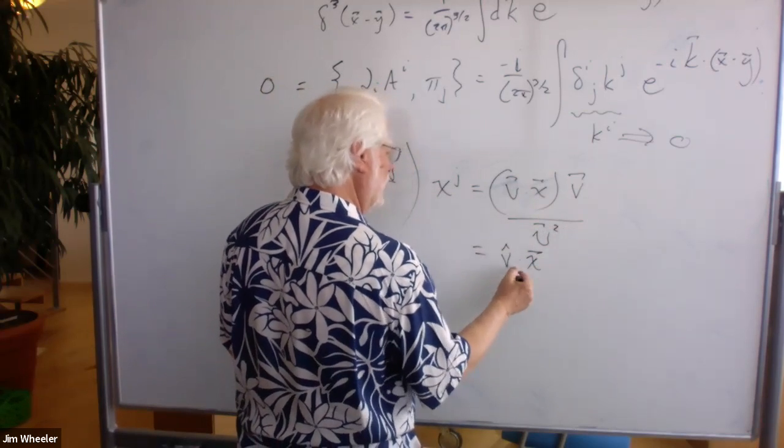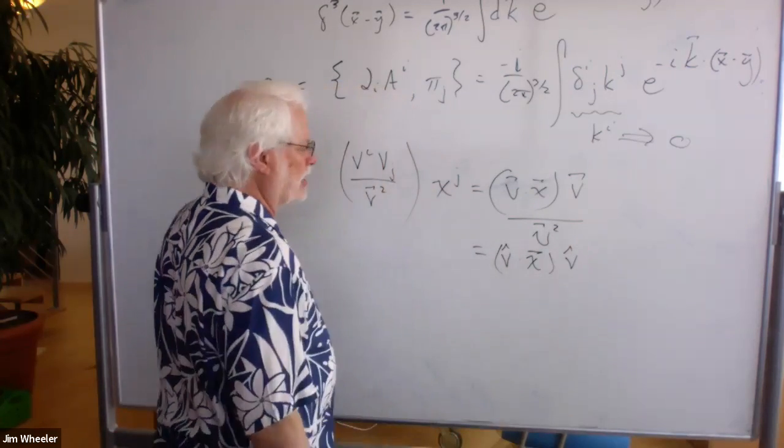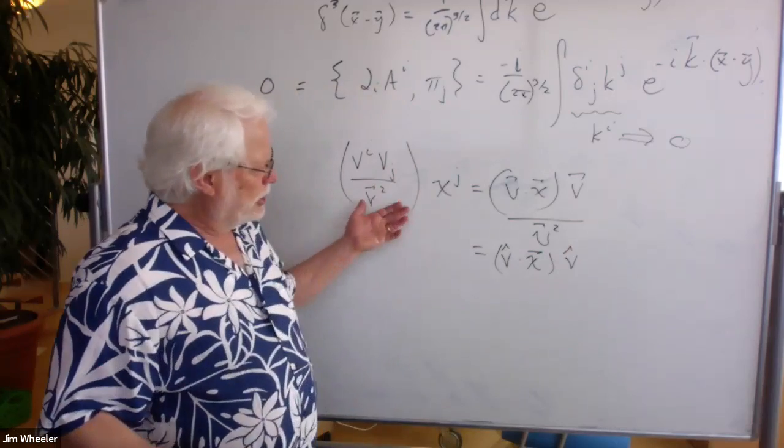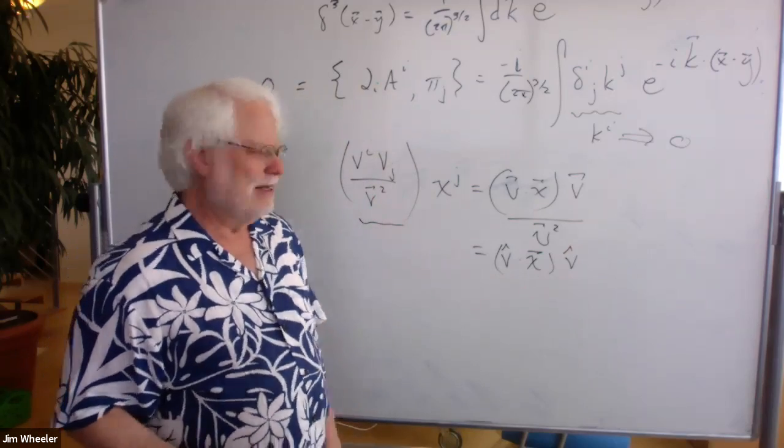So that's the component of x in the v direction times a unit vector in the v direction. So this always gives me a projection operator that projects parallel to the given vector.